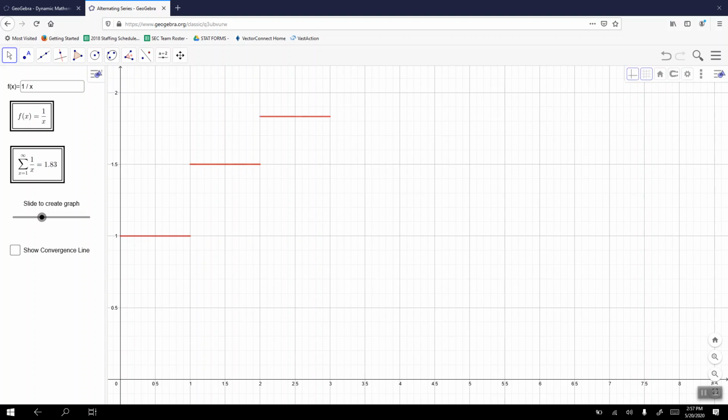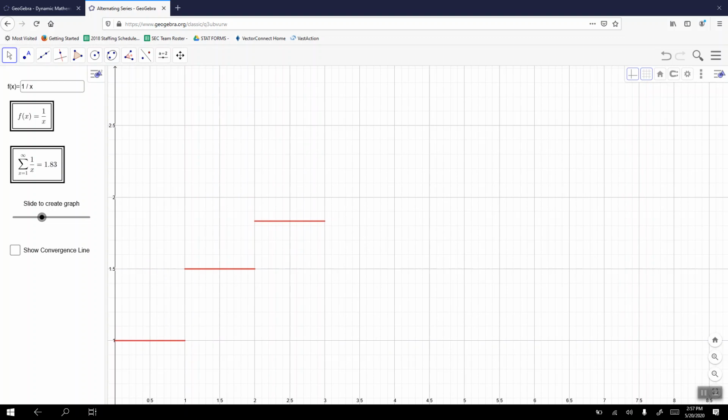Three partial sums in, this line segment represents 1 plus 1/2 plus 1/3, which is given by 1.83. That should be repeating, but again, it shows what we need.